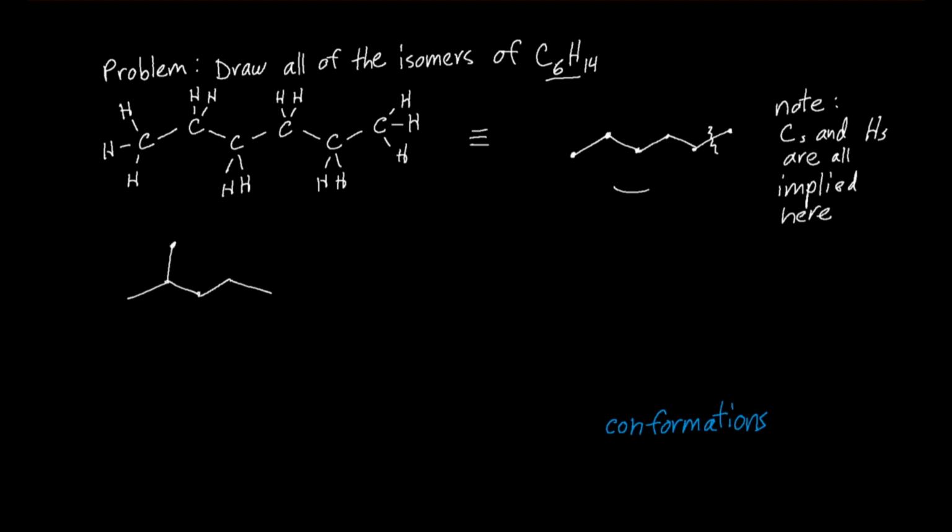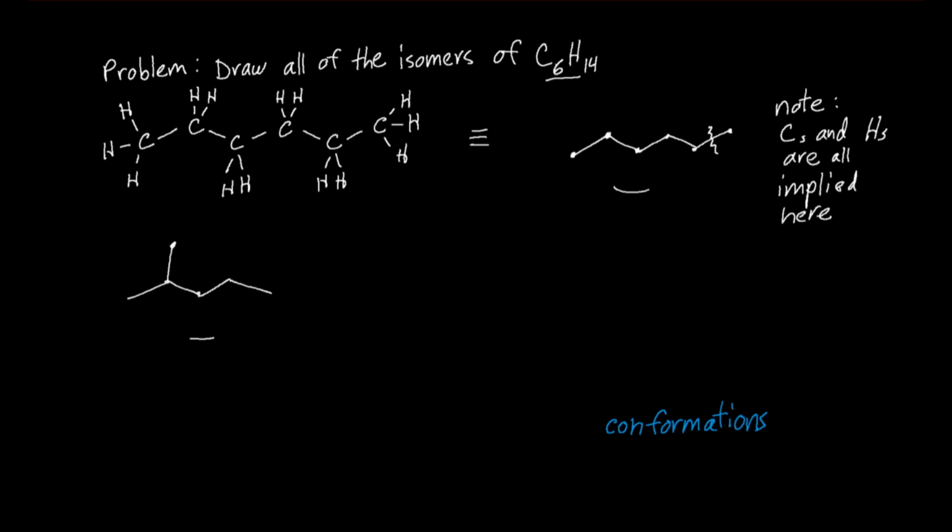This is a different molecule. It's connected in a different way. And in order to get from this molecule to the previous one, I would have to detach bonds, switch them, and reattach them. So that is an isomer, a structural isomer.